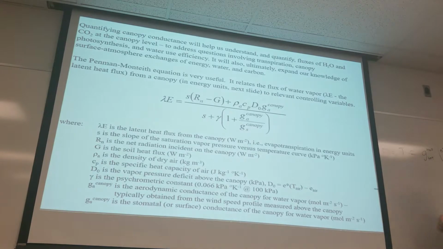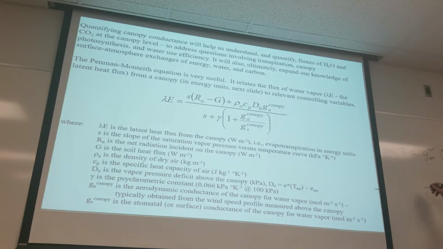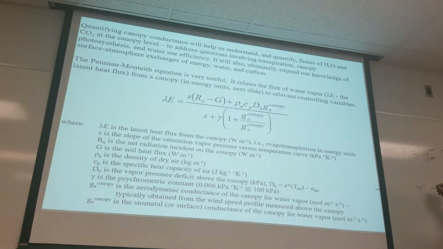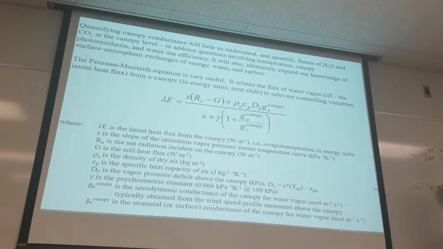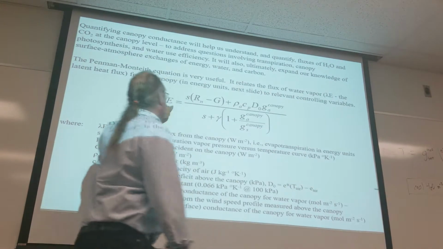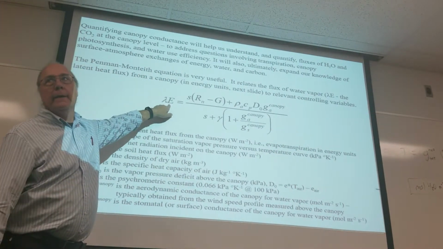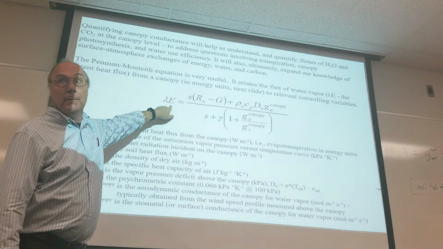Regardless, here I said this canopy conductance term, an appropriate unit would be moles of water vapor per meter squared of ground area per second. Right? This is the water use in energy units in watts per square meter.